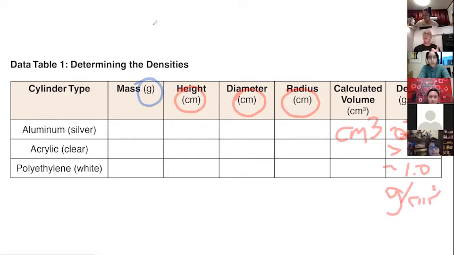So when we figure out what the densities, excuse me, of our solutions are, we should be able to make some predictions about whether these are going to sink when we drop them into the solution or whether it's going to float.